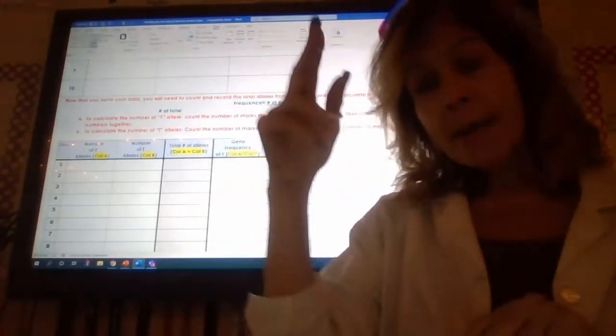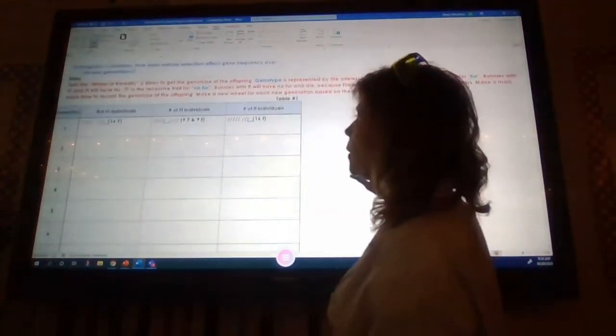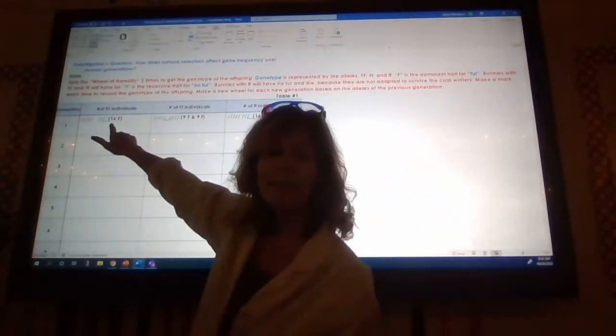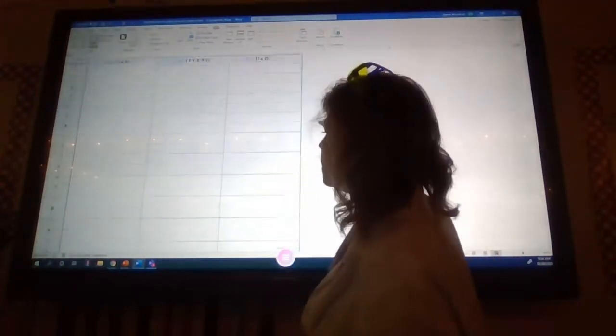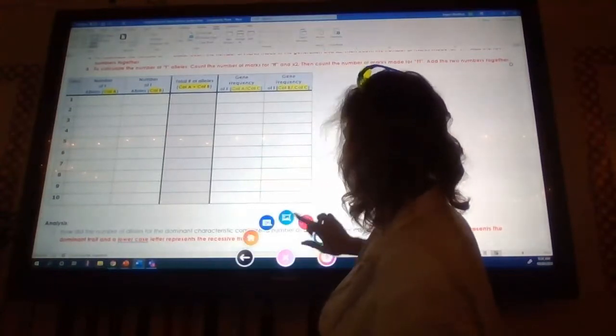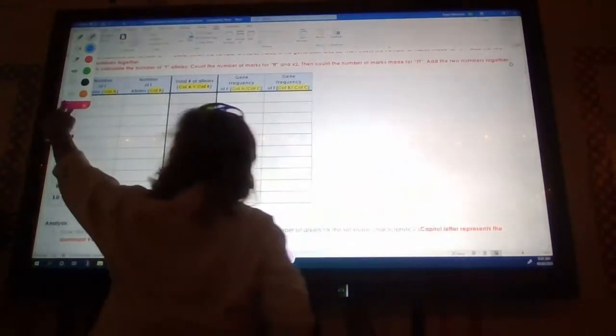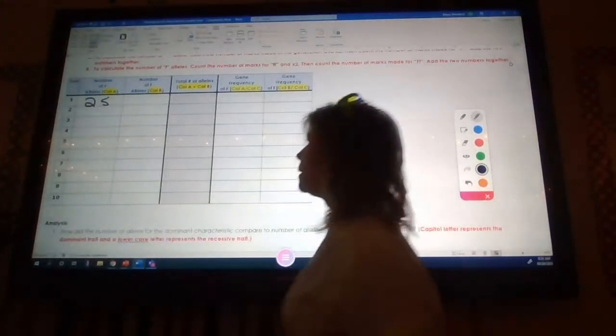Okay, so let me look back at data table 1. So number of dominant Fs, and if I look up here, I had 16 and I had 9. So that was 25. So then I'm going to come down to my data table. So 16 plus 9 gives me 25. So I'm going to write 25 right there.